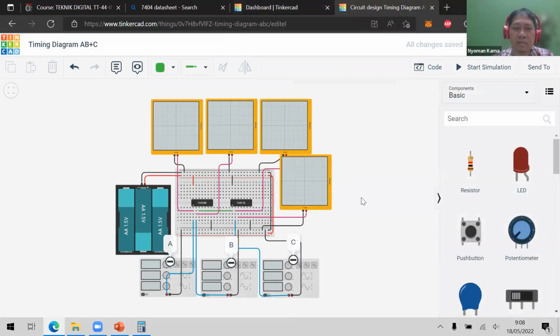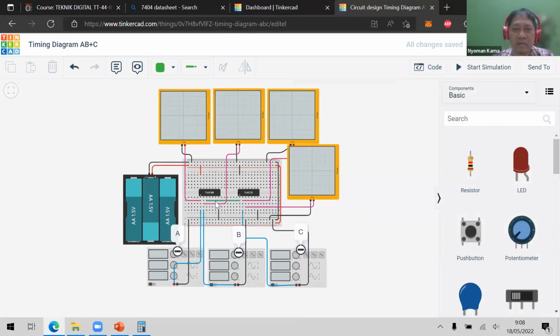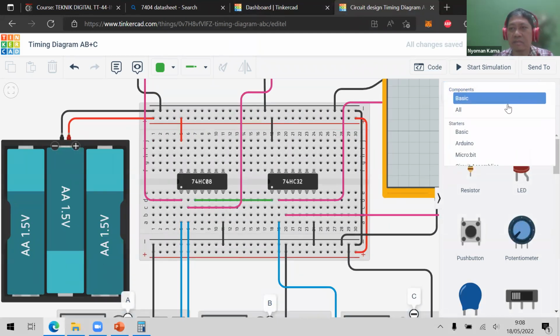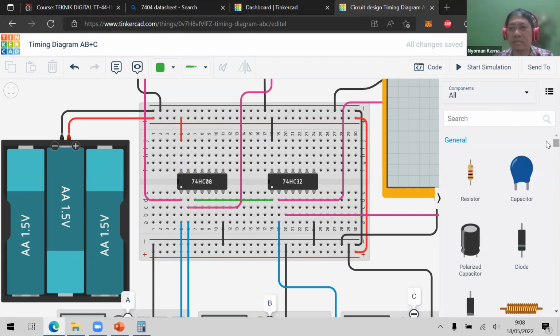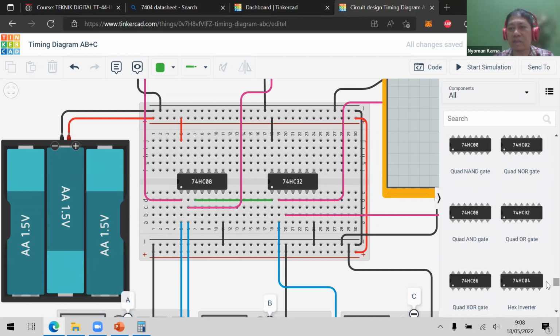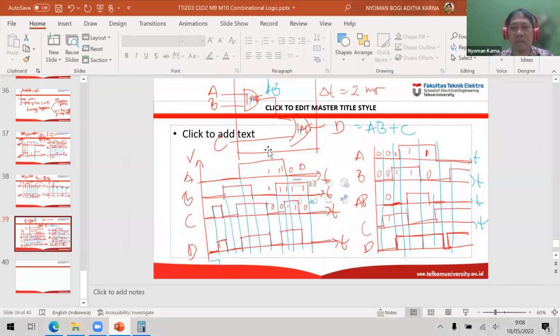Okay, now in here we have 7408, which is actually an AND gate, and then 7432, which is the OR gate. This one is actually AB plus C, just like our previous example, AB plus C.